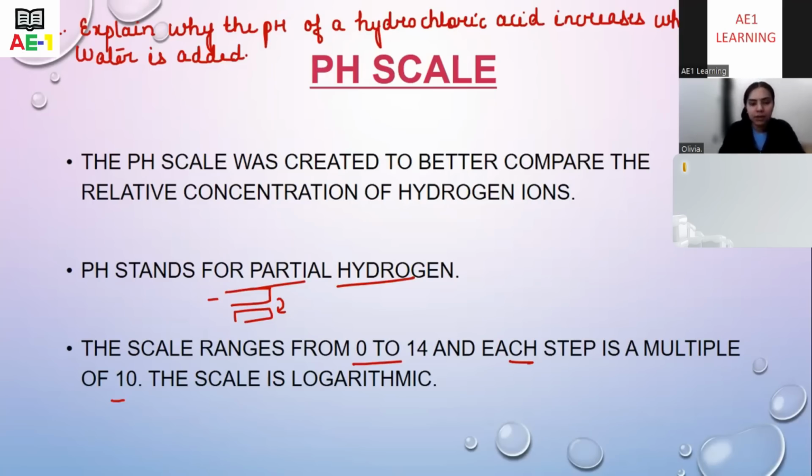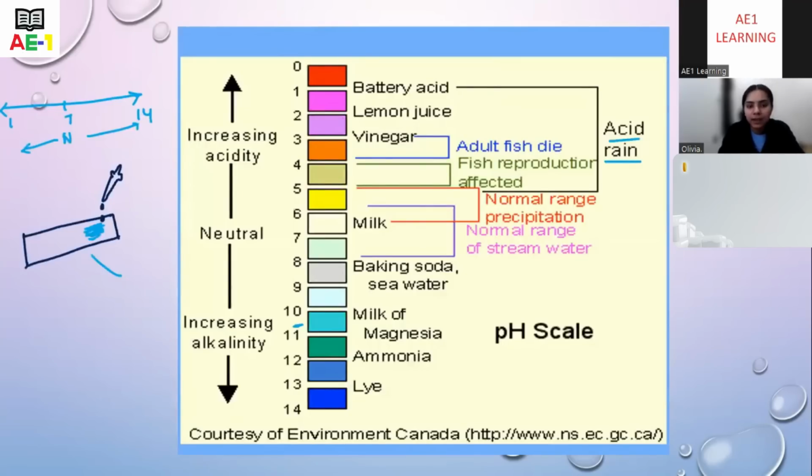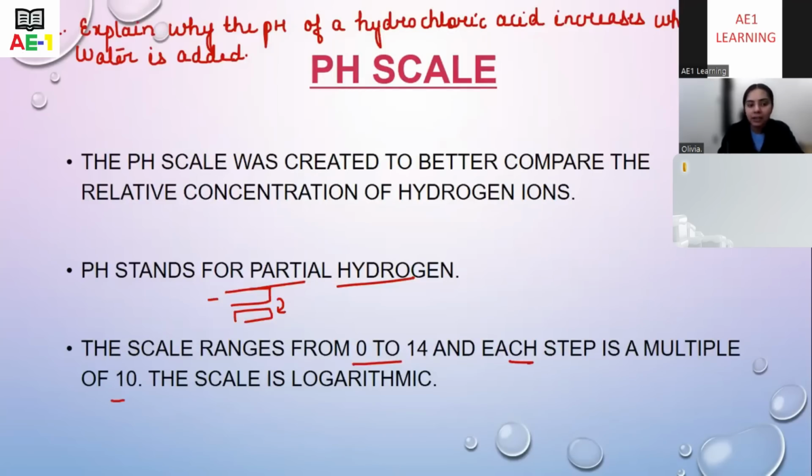This is how the scale looks. Before moving on, just write down the heading and all three points. Then I'm going to tell you how we use it and how it helps in determining the nature of things. Okay, let's write it down.